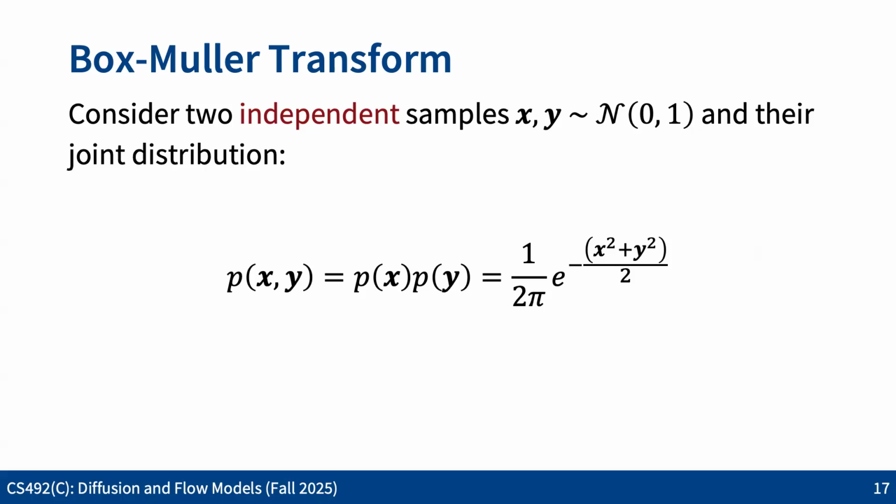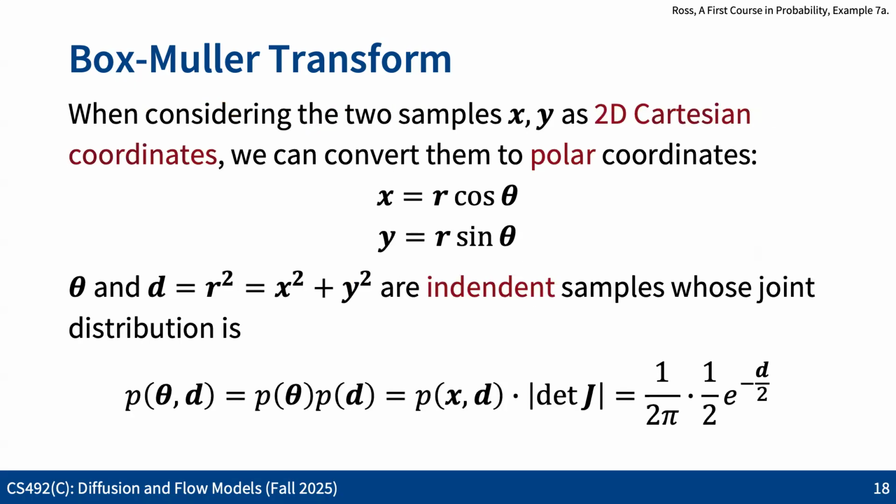In this case, the joint distribution is defined like this, simply by multiplying these two, right? If we just play with the standard normal distribution like this, there's no way that we can sample from this. So what we are going to do is change the variables.